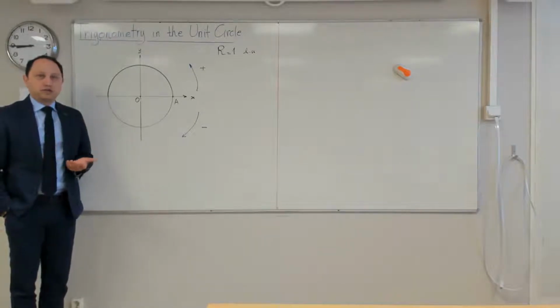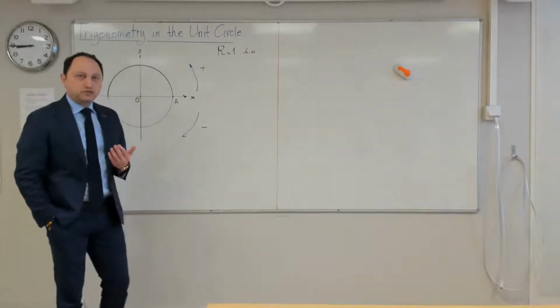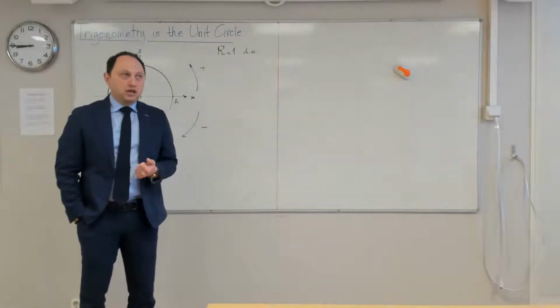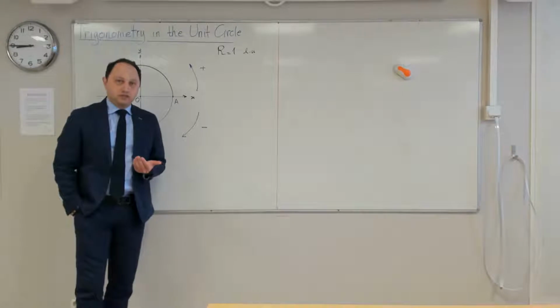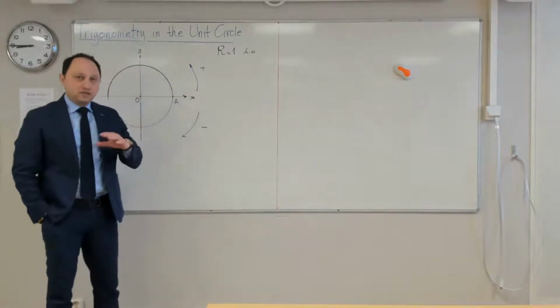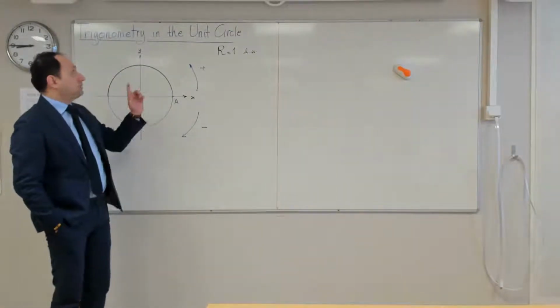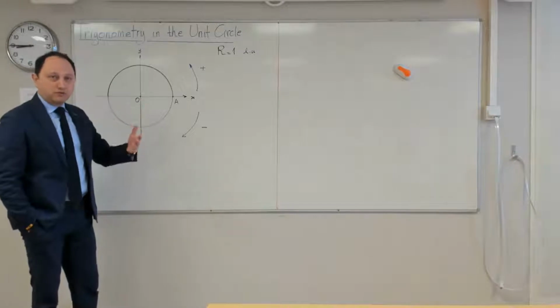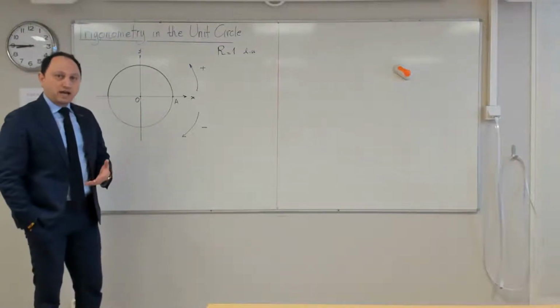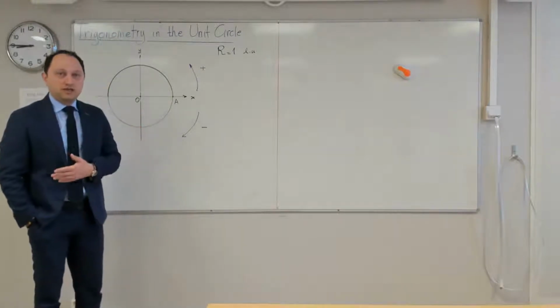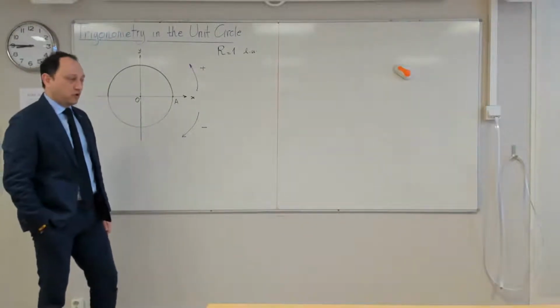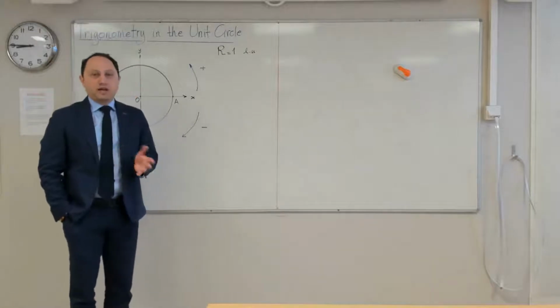We can have, for example, an angle of size 400 degrees, and we can have an angle of size minus 30 degrees. This is the main difference between a trigonometric angle and a geometric angle. A trigonometric angle can even be negative, it can even be greater than 360 degrees. But in geometry, we don't have that situation.